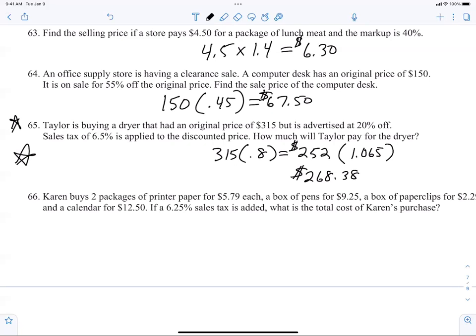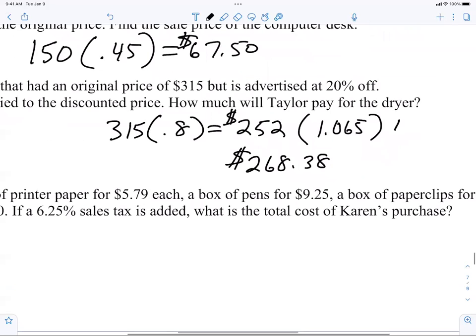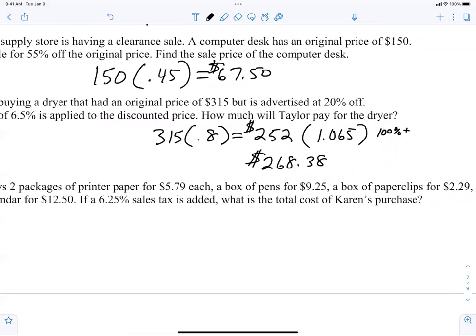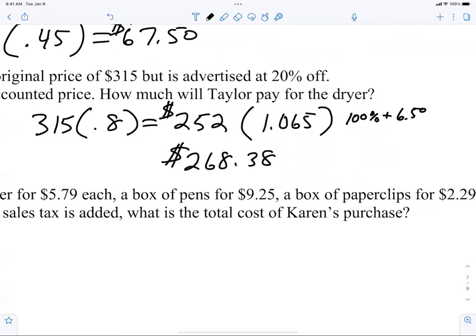You with me? So that's why this 252 represents 100%. And now you have to add the 6.5%. That's really important. On that problem, 6.5 also? No, sir, you cannot. It's not the same, trust me.